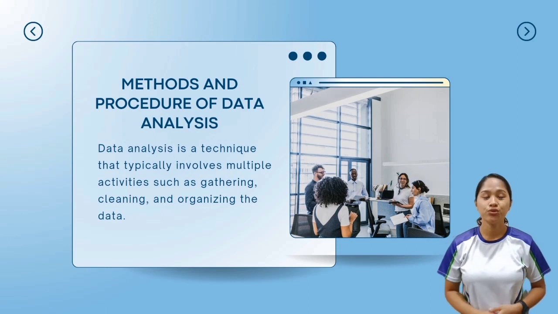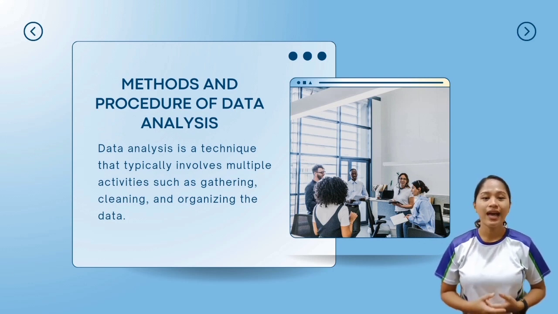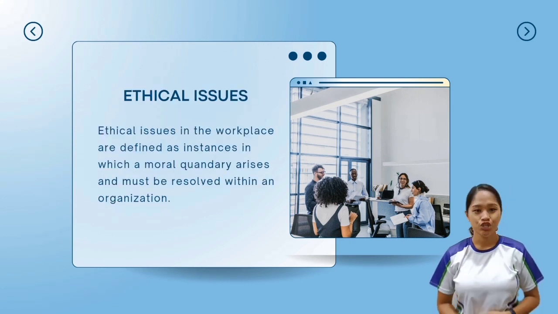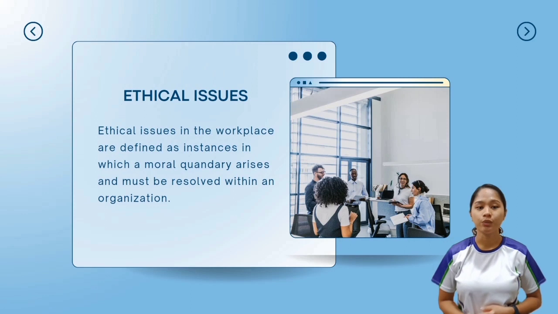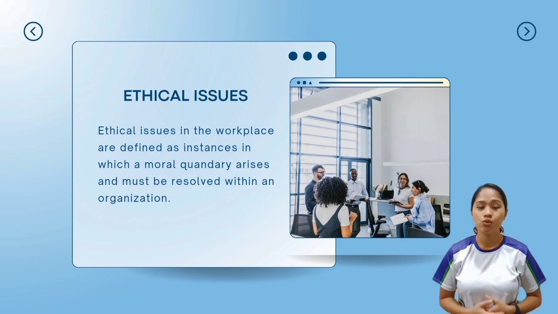Methods and procedure of data analysis. Data analysis is a technique that typically involves multiple activities such as gathering, cleaning, and organizing the data. Ethical issues. Ethical issues in the workplace can be defined as instances in which a moral quandary arises and must be resolved within an organization.